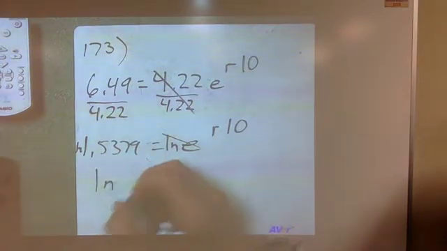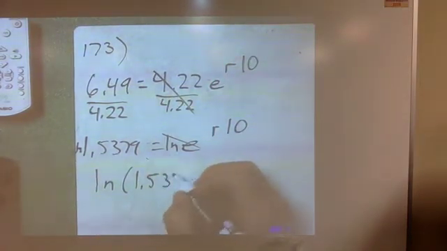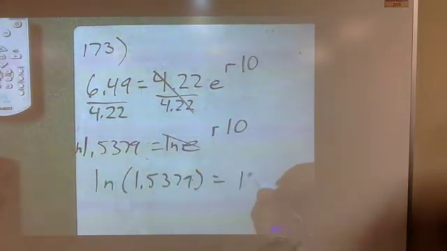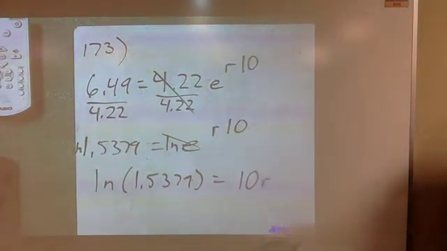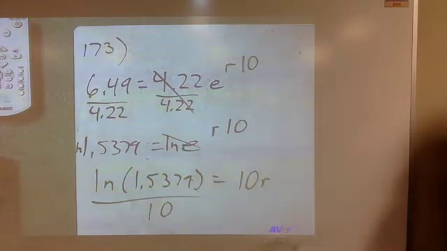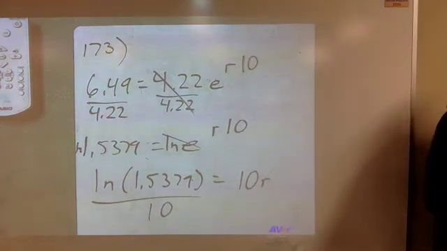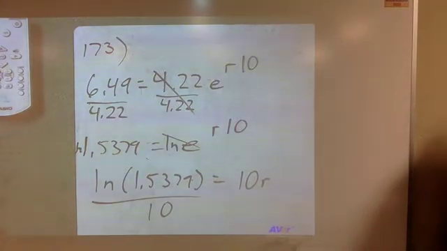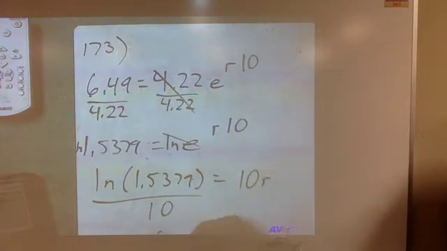So you end up with the natural log of 1.5379 is equal to 10R, and then you can just divide the 10 to the other side, and that's what R is equal to. And when I did that, let's see what I got here. Natural log of my answer divided by 10, I got 0.043 was my rate.